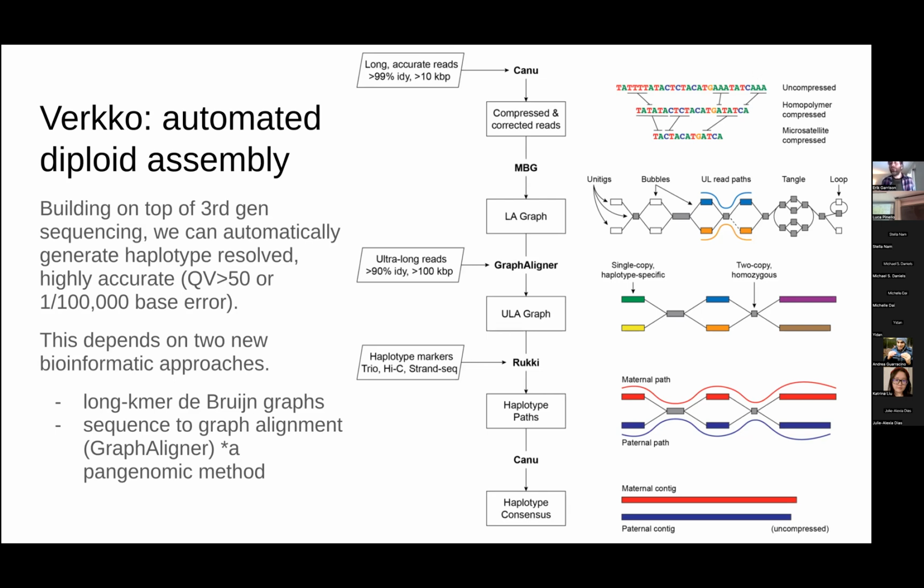The process, I'll go through it quickly because it's an interesting case where the ideas about pangenomics are actually feeding into assembly concepts. So basically, you can build this kind of initial graph using really, really long k-mers. So you're doing overlaps between really long k-mers, like thousands of base pairs, hundreds of base pairs.